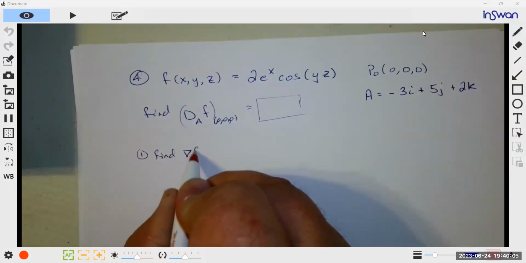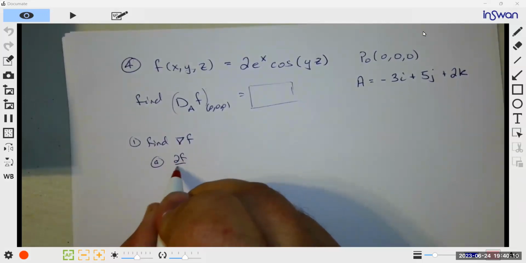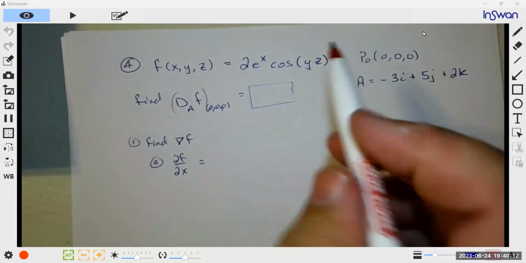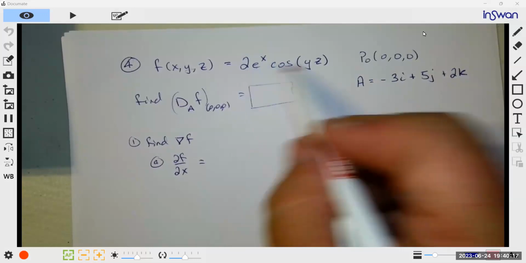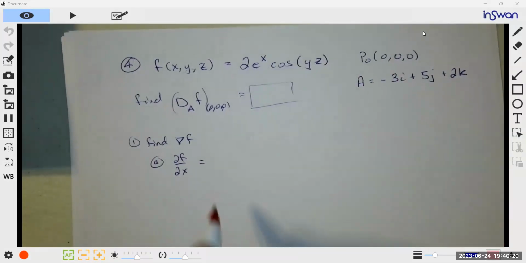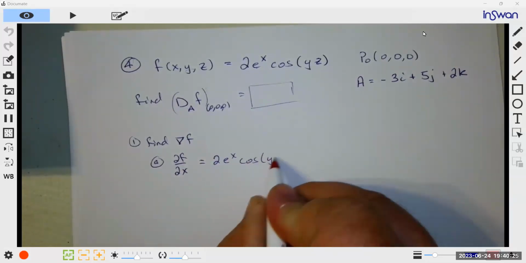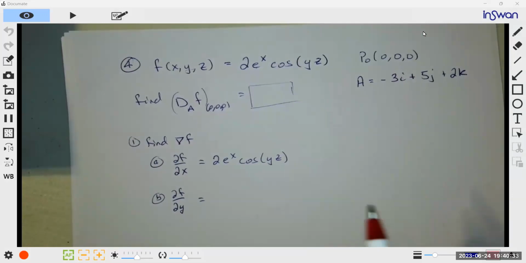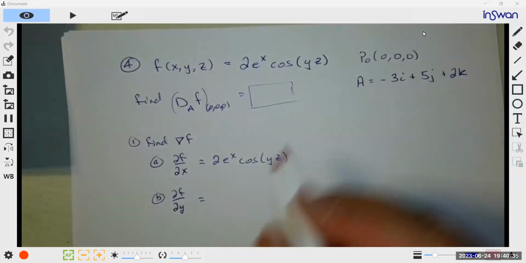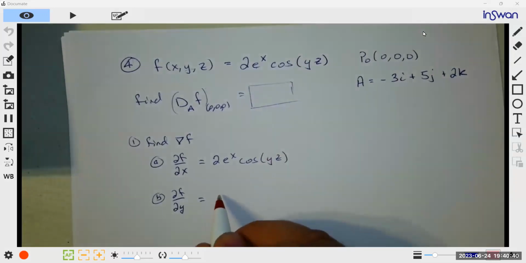So first off, we have to find del f, which means we have to find the partial of f with respect to x. The derivative of e to the x is e to the x, so that just stays the way it is. The partial of f with respect to y: the 2e to the x is a constant, it stays there. The derivative of the inside, the derivative of yz with respect to y, is z.